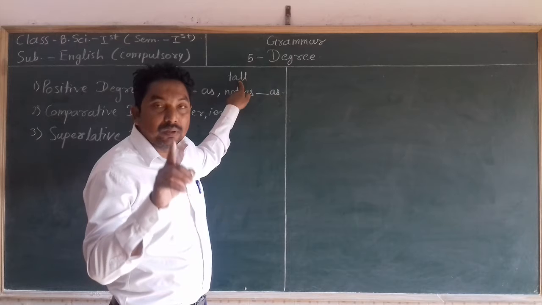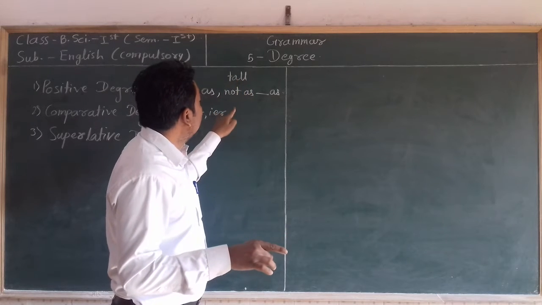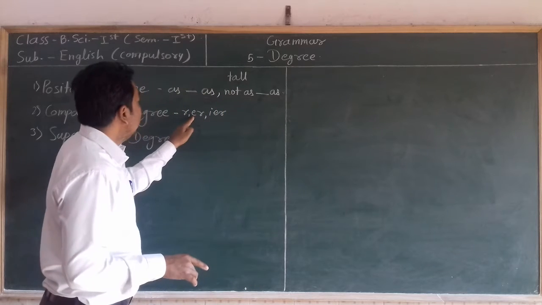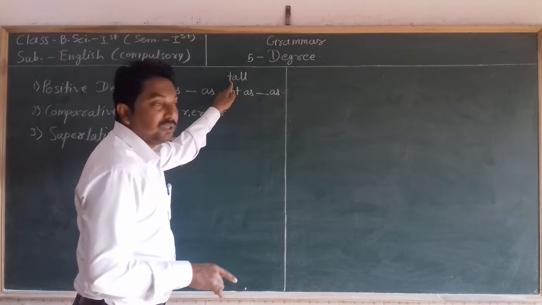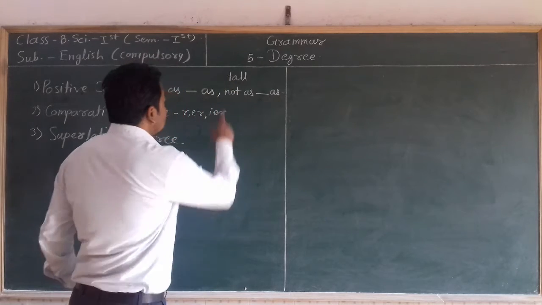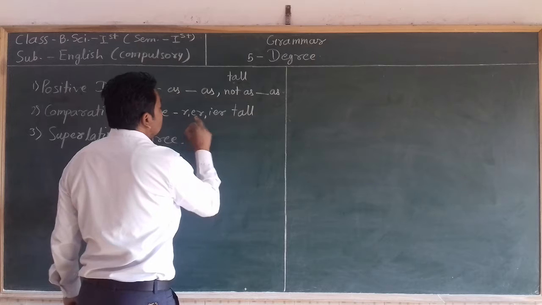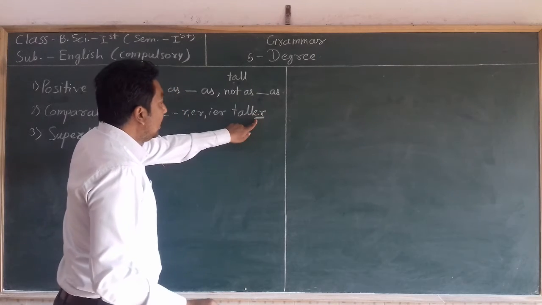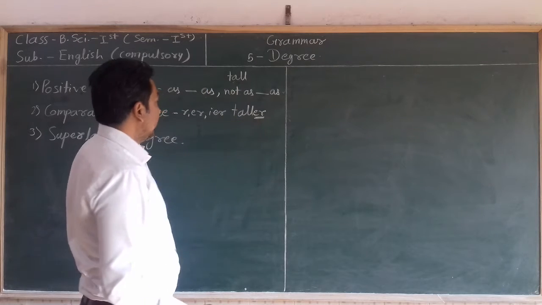But if we want to convert it into comparative degree, then we need to use r, er, ier, this kind of suffix to this adjective. So how can we turn this adjective into comparative degree? By using er, taller. We used er and converted this adjective into comparative degree.